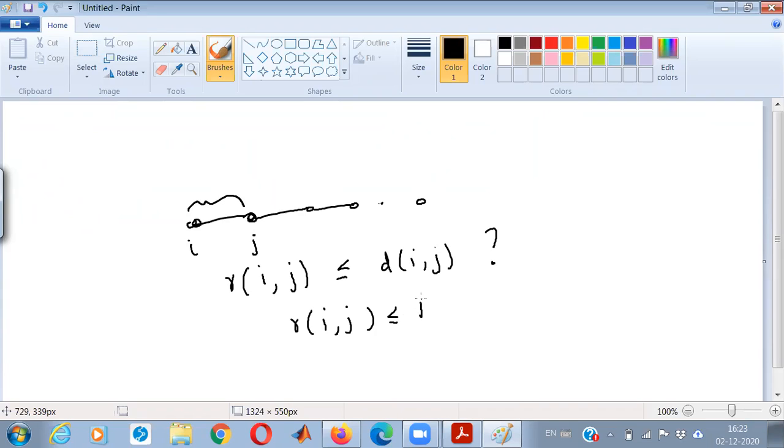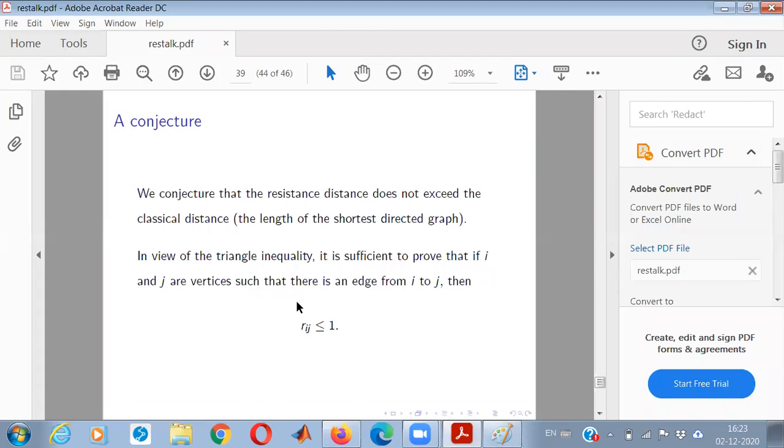I have discussed this with some mathematicians working with these things, and there is a feeling that some other technique is required, which is normally the case in dealing with resistances. But at the moment, with just the linear algebra techniques, we are not able to prove this. So the basic thing to be proved is that it is sufficient to show that if i and j are adjacent, then the resistance is less than or equal to 1.